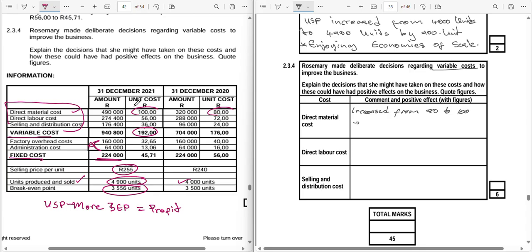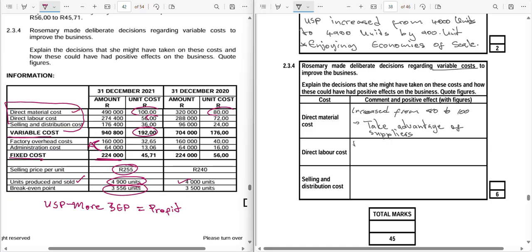You can change the supplier there. Take advantage of cheaper supply or local supply. Because with local suppliers, you don't have to pay a huge amount of transportation. Direct labor: what is happening there? It has decreased. It is good. It means that you are not paying too much.